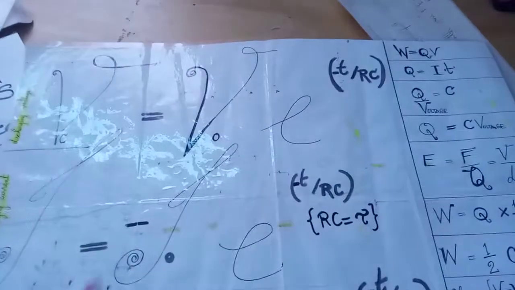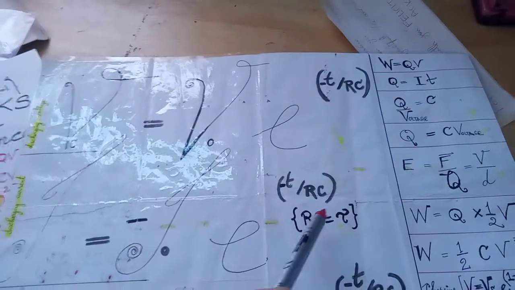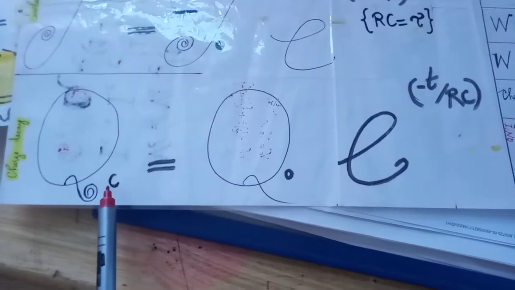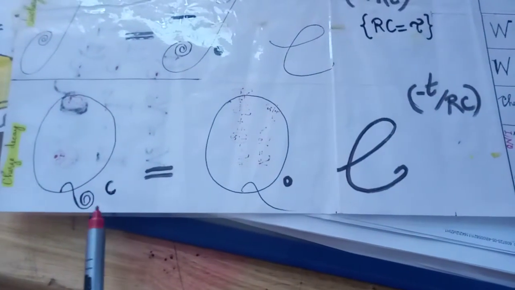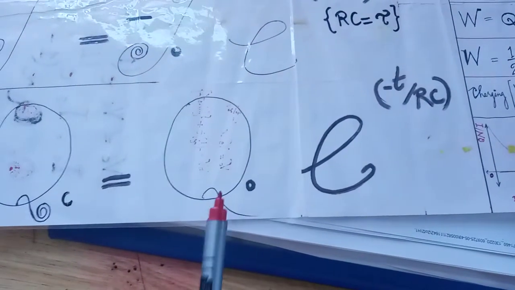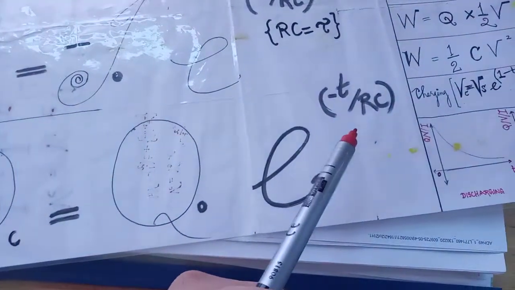For the current, it's negative I times e to the power of T over RC. The summative equation is Q, the total charge accumulated in the capacitor, equal to the supplied charge times e to the power of minus time over RC.